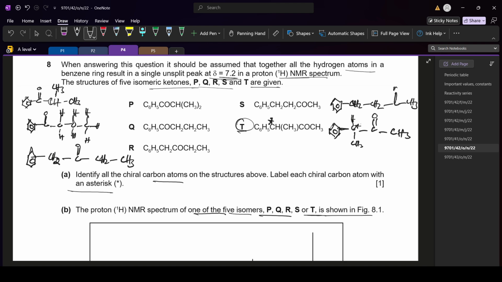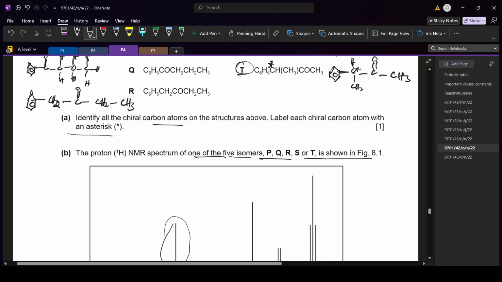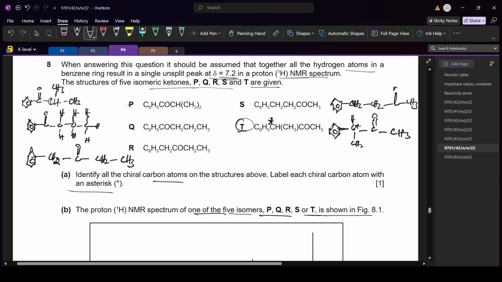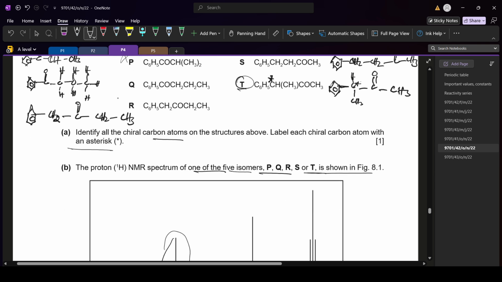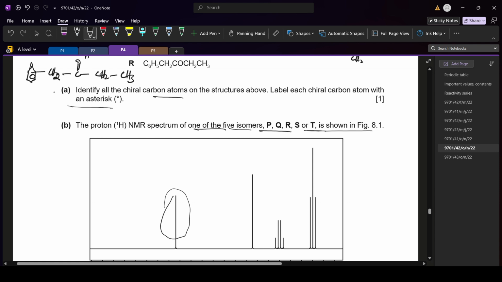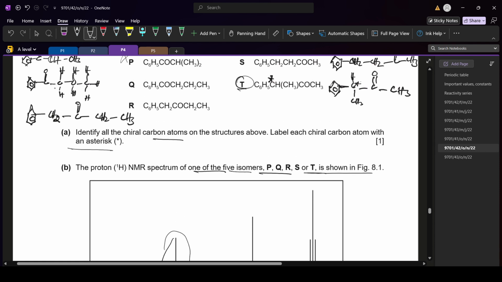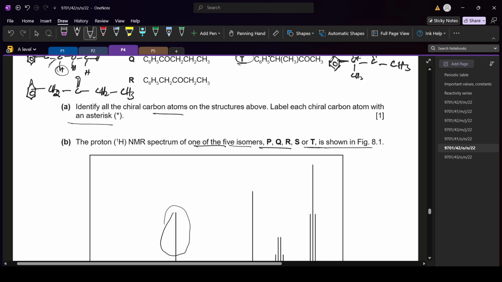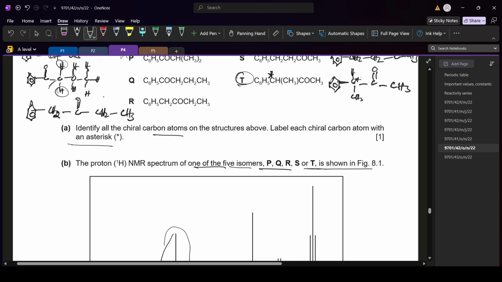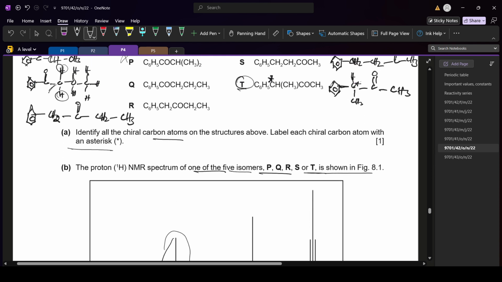So it should give a multiplet, but there is no multiplet, so it won't be P. Now let's see Q. In Q, due to these hydrogens, you must have a triplet, because there are 2 hydrogens on the adjacent carbon.